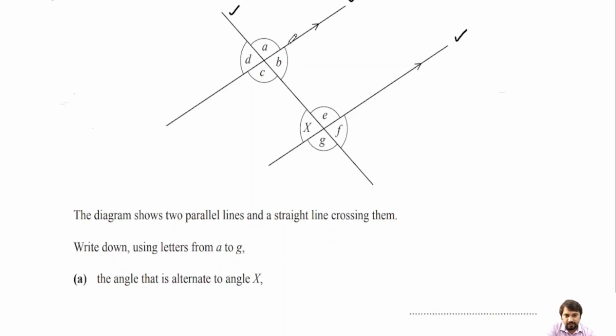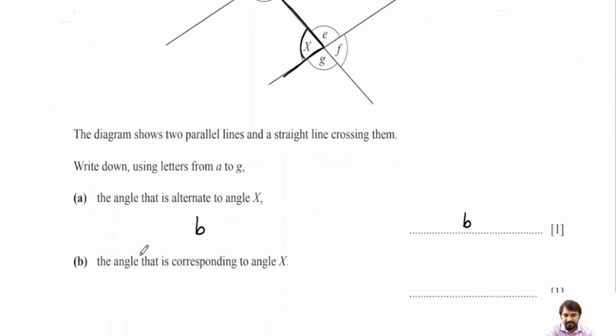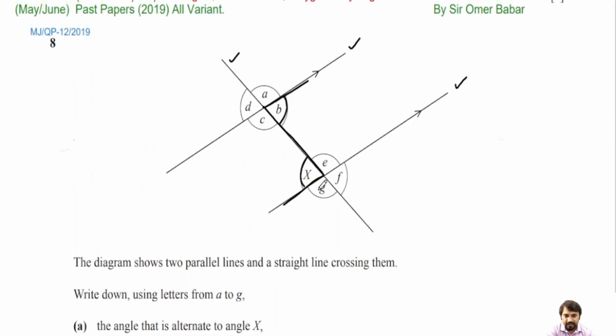We know that if we have Z-shape angles, so this is our Z-shape angle, and here we have X. This X is alternate to this B. It means X is alternate to angle B. This is our answer. The next is the angle that is corresponding to angle X. We have to tell corresponding angles.